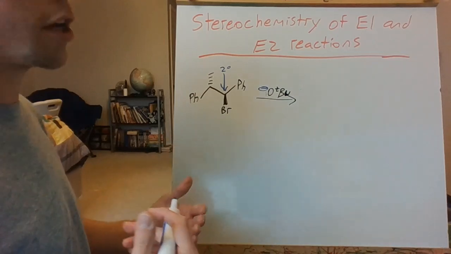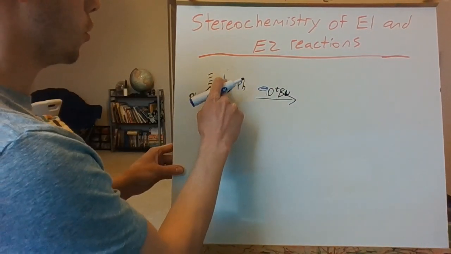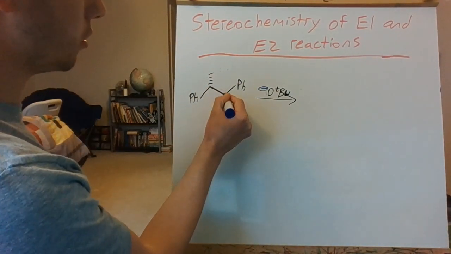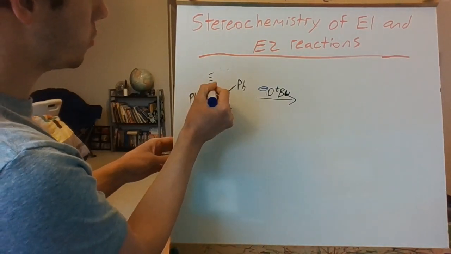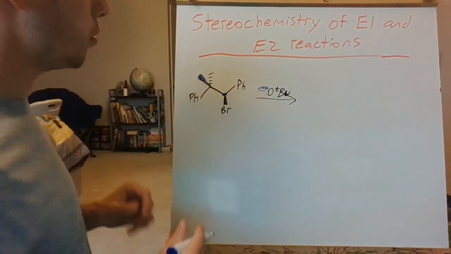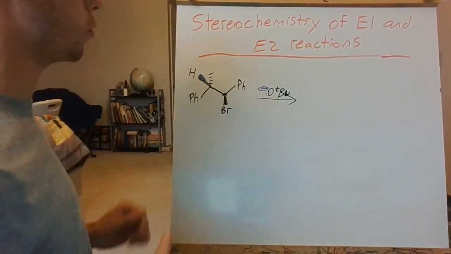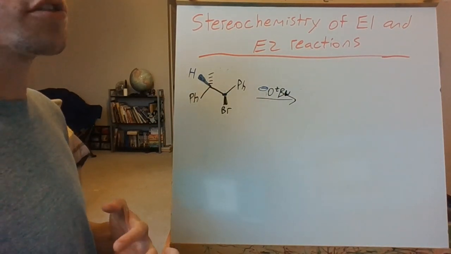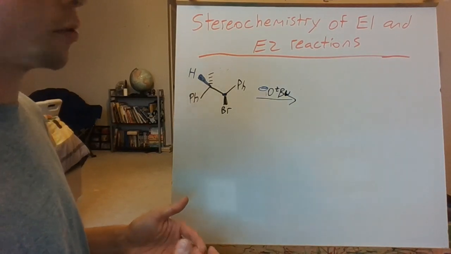So let's walk ourselves through the thought process of the mechanism. So we need to identify where our leaving group is. That's right here on this carbon where this bromine's at. And then we need to look at the beta carbon and identify where the hydrogen is. So there's one right here, which I just drew in. And then we need these to be anti to each other in order for the reaction to occur.